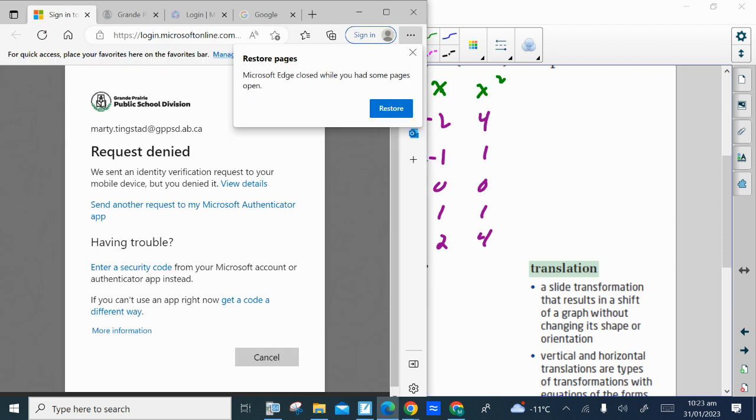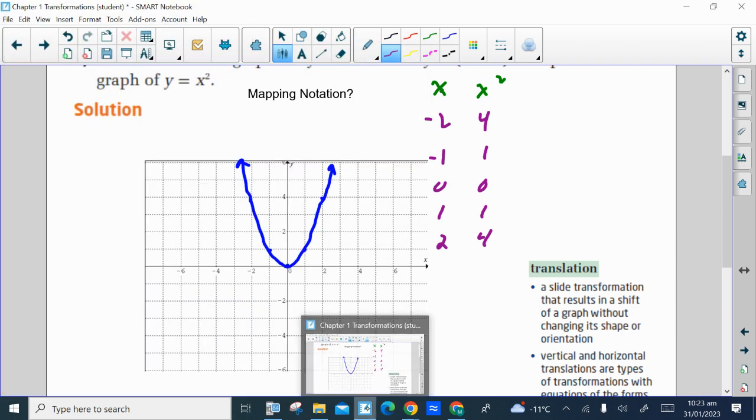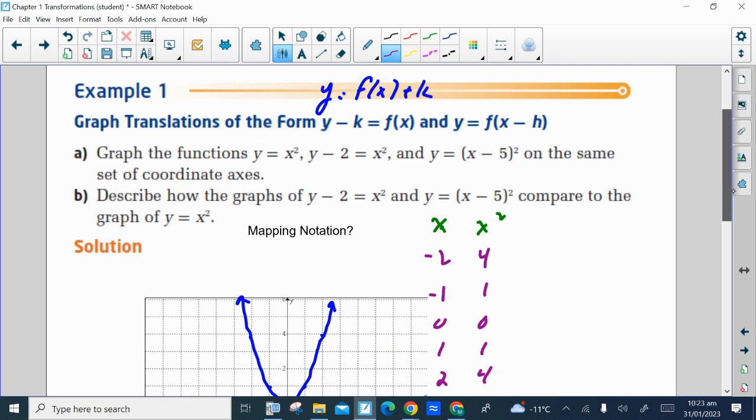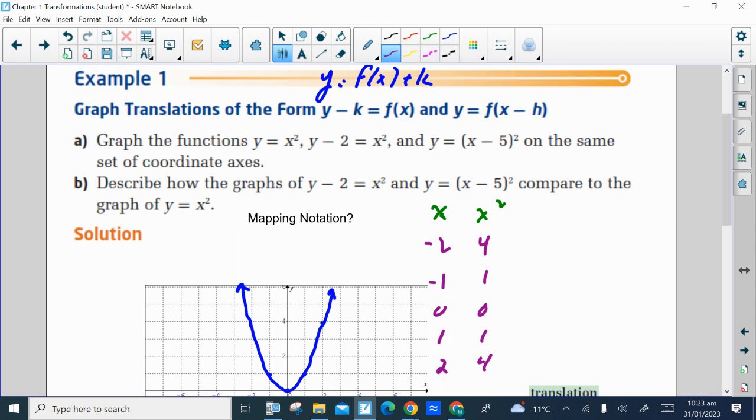Okay, and so now we want to do y minus 2 equals x squared. Remember I said we're always going to put them in the form y equals. So here you would add 2 to both sides and get y equals x squared plus 2.